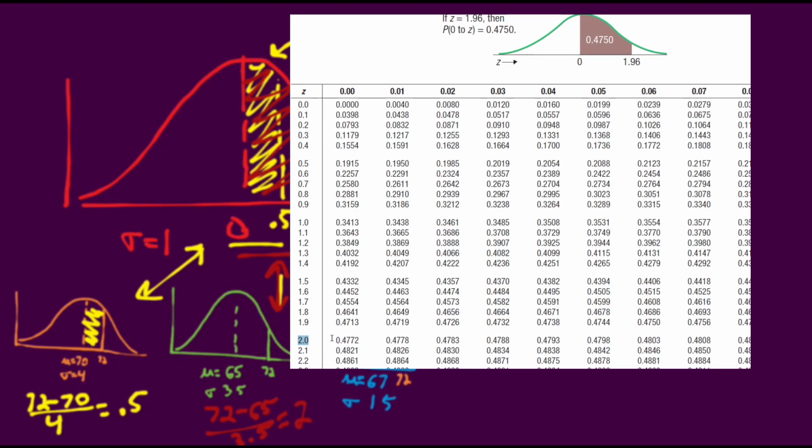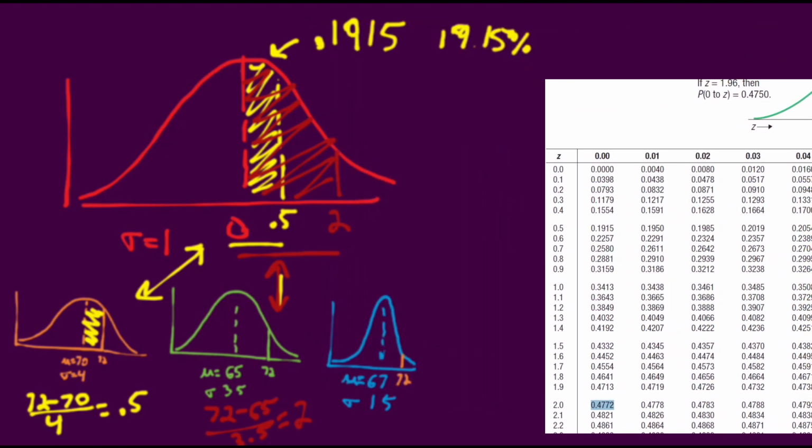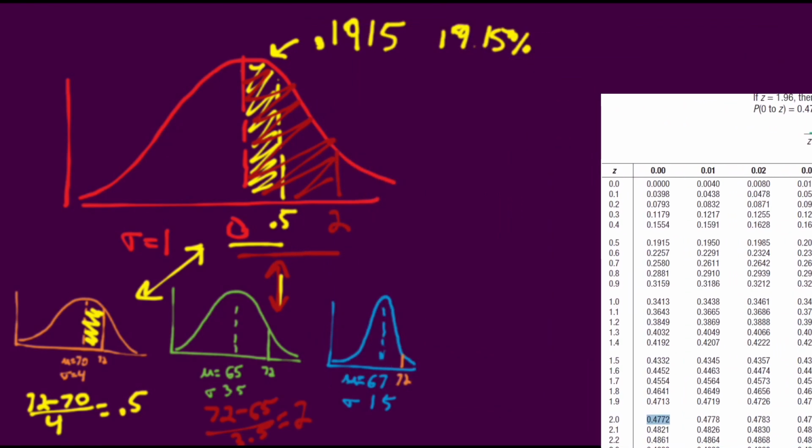So we find 2.0, look over to 0, and it's 0.4772. So what we've learned is that 0.4772, or about 47.72%, are within 0 to 2 standard deviations.